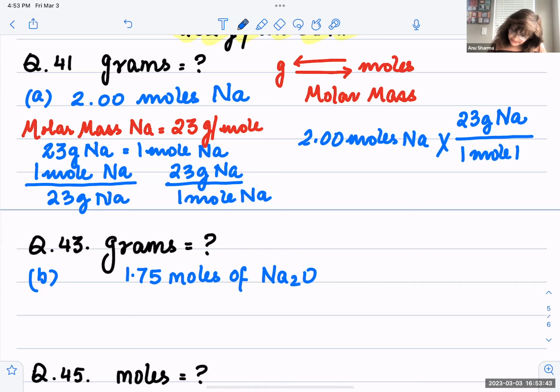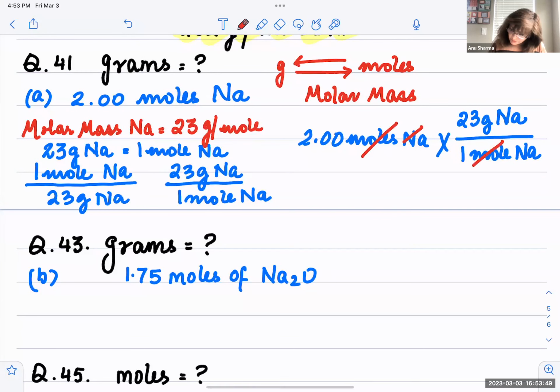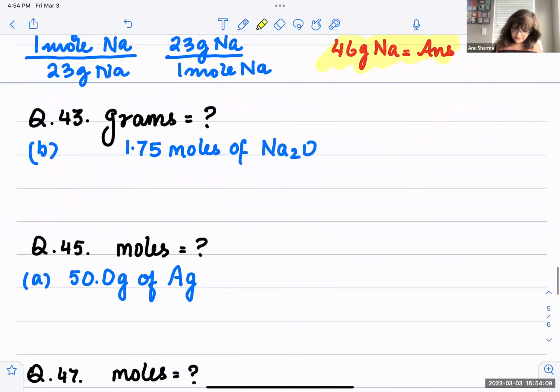Okay, and here the moles of sodium cancel out. So 23 times 2 is equal to 46. So 46 grams of sodium, and that's the answer. So always write the units and everything. Okay, that's the answer.